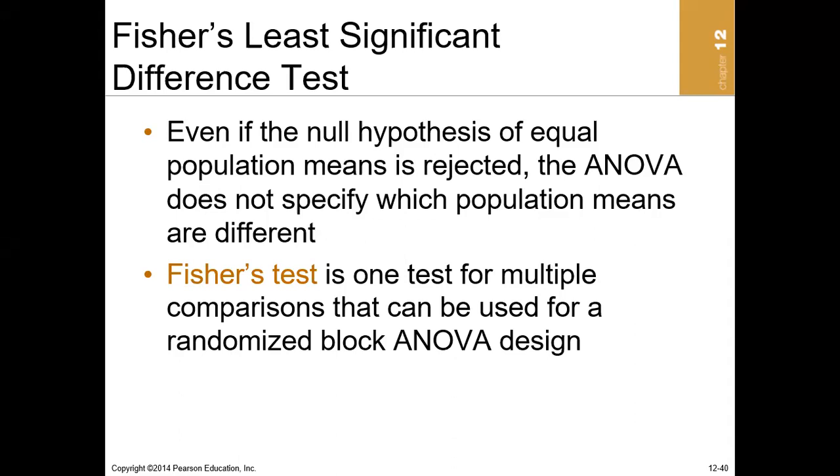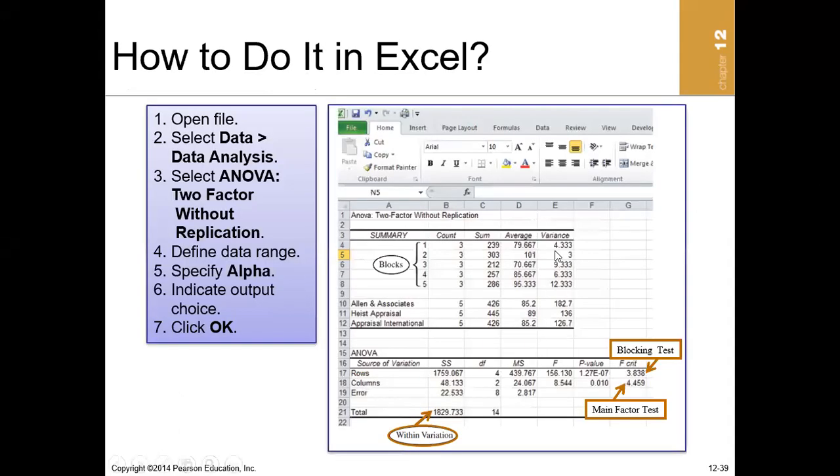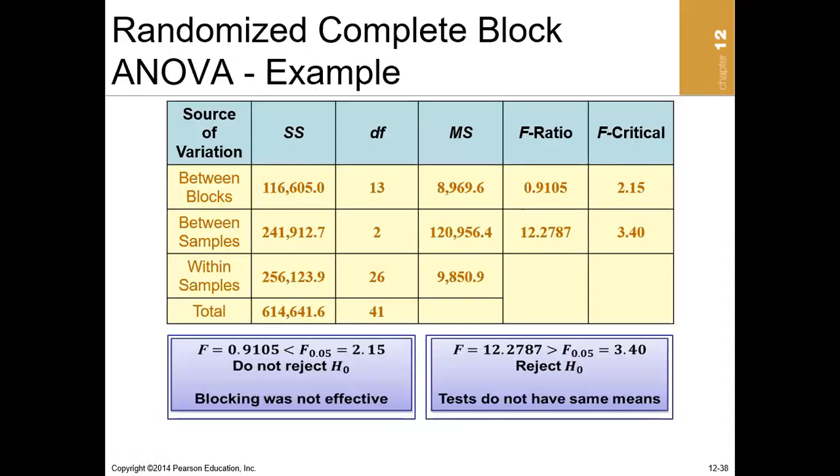We have such an instance in the immediate past video where the test of mean was rejected, not the between blocks, but the between samples, which told us that the samples do not have the same mean. When it happens, we have to check which of the samples is causing the difference.